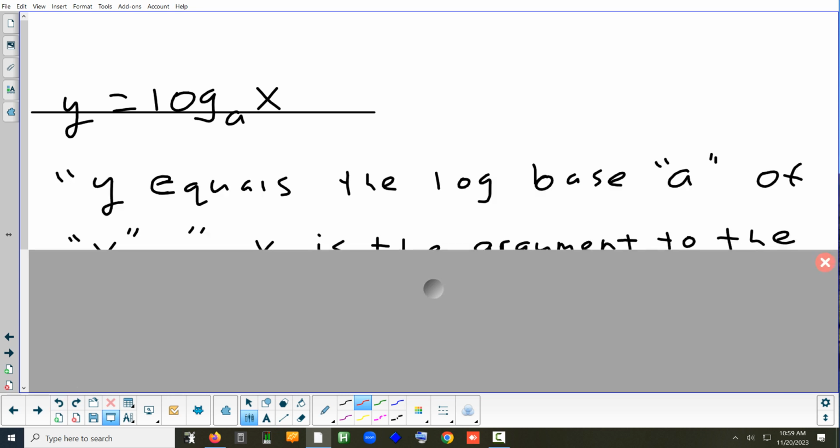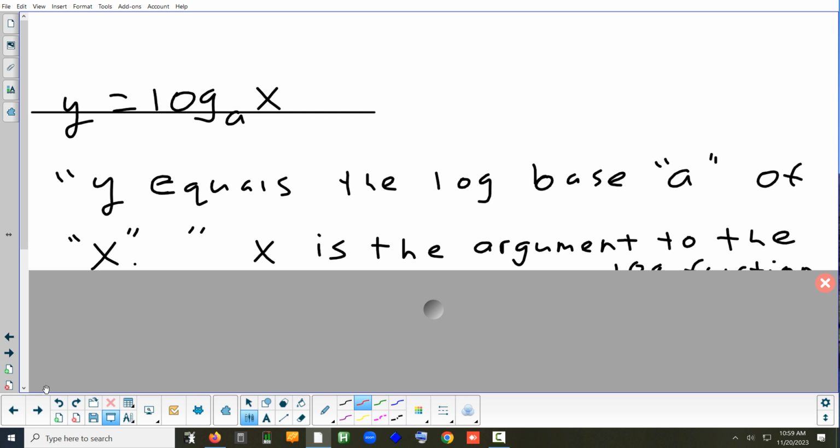Okay. And the way that you read that is y equals, and then you just read left to right. Log base A of x. That's how you pronounce it. Y equals log base A of x. And what that base does is it changes the kind of logarithm that you're taking.